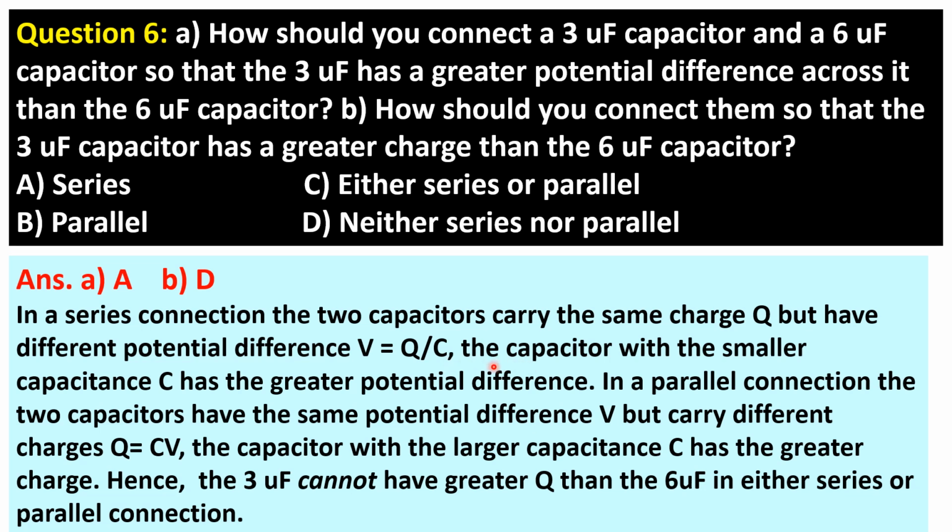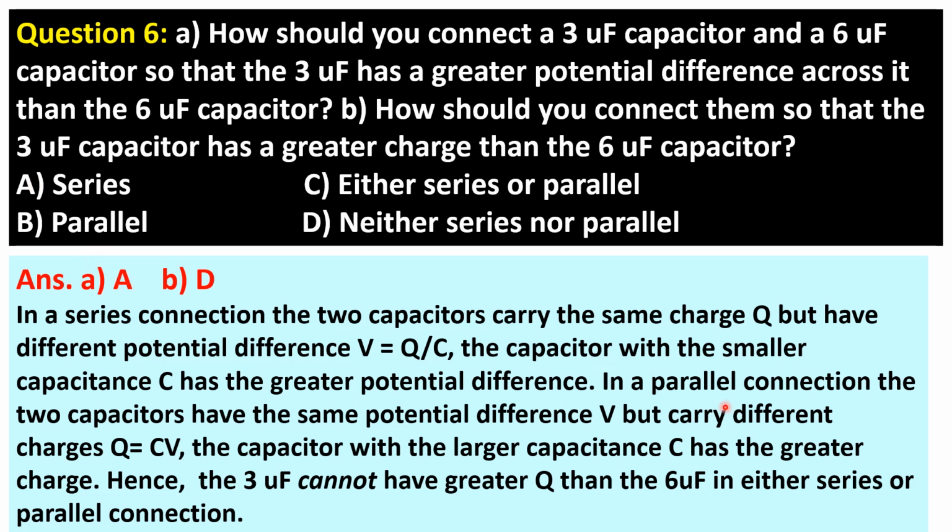The capacitor with the smaller capacitance will have the greater potential difference, because they are inversely proportional. V is inversely proportional to C if Q is constant, and that is when the two capacitors are connected in series. The one with the smaller capacitance C has the greater potential difference. That's why our answer for question letter A is series, or letter A.